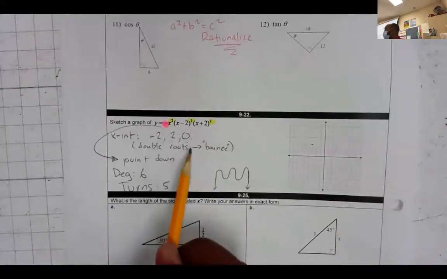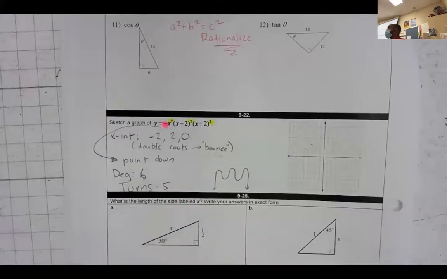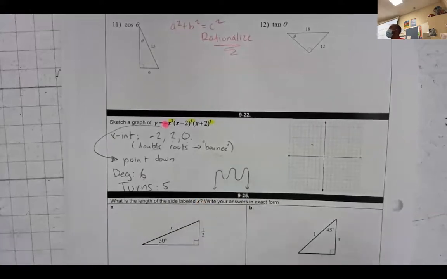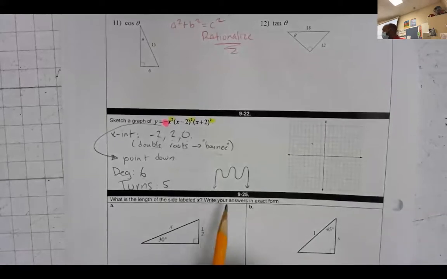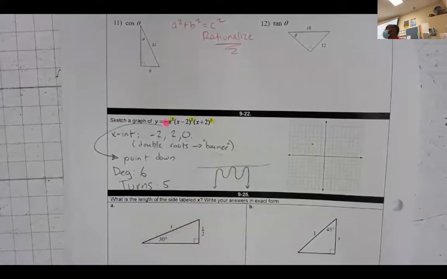Now, all these roots are going to do what? They're all going to bounce, meaning that it cannot cross through the x-axis. So would this be below the x-axis, or is it going to be above? It's going to be below, especially if it's pointing down. And they all bounce.